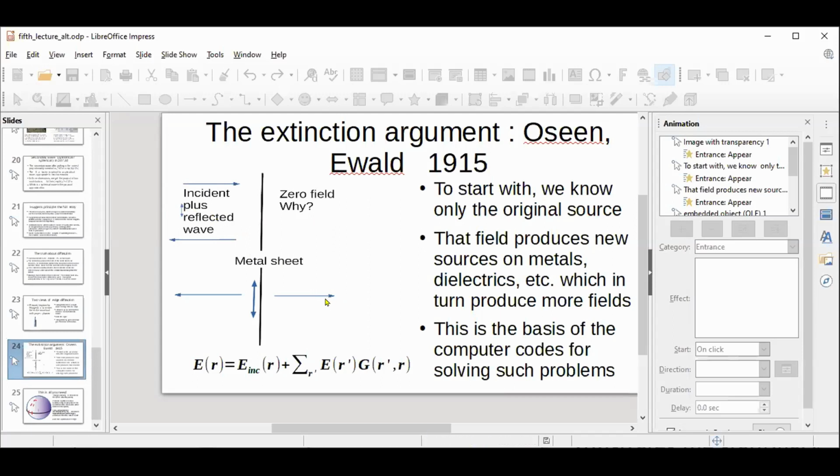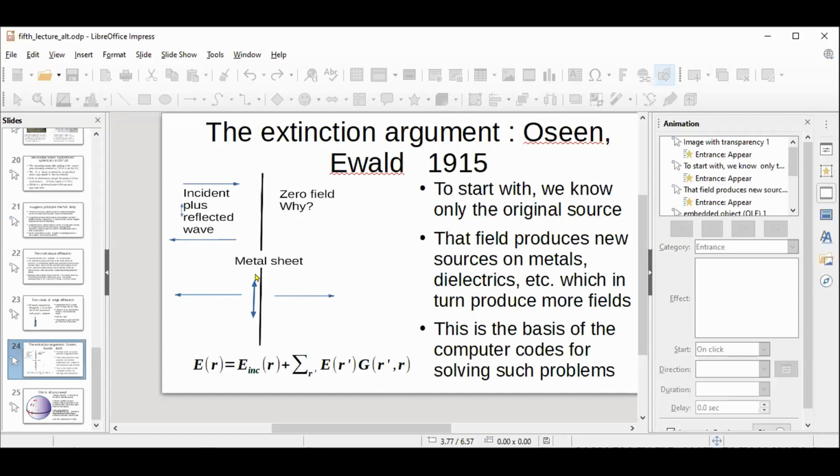Now we have a choice. If they don't interfere destructively, you will even violate the law of conservation of energy, because you will have the incident wave, equal energy going back in the reflected wave, and more energy coming here. So for consistency, it must be that the wave radiated by these currents has an extra phase of pi relative to the incident wave. It's equal to the incident wave, as I've already justified.